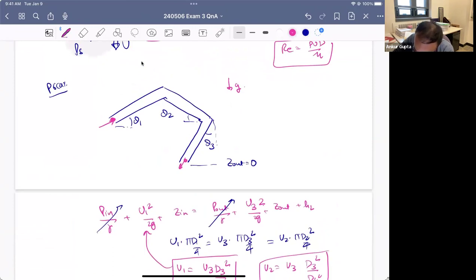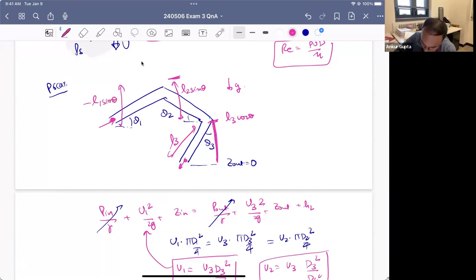So first I know this is L3, so this is L3 sine theta. Sorry, L3 cos theta rather, because it's the vertical angle. Then this is L2 sine theta. And then the back part here is minus, because I'm going down now, minus L1 sine theta.